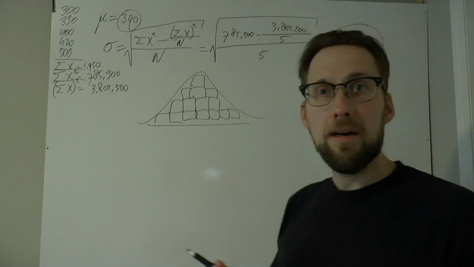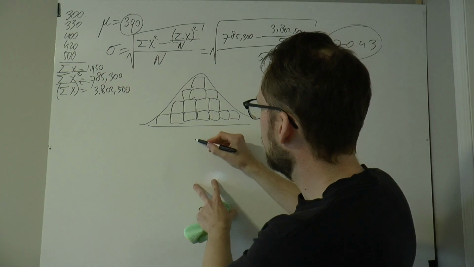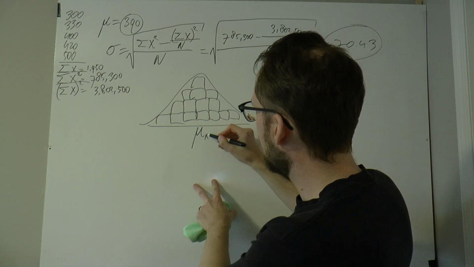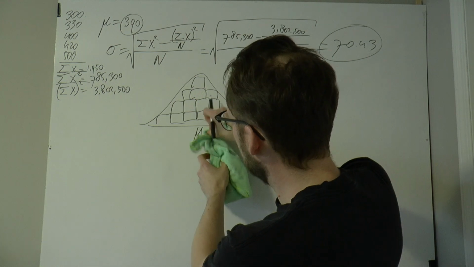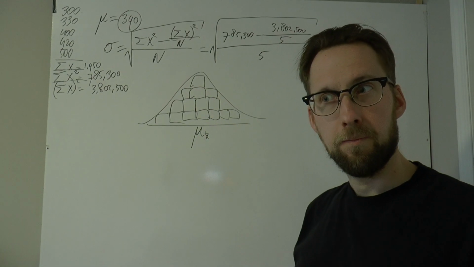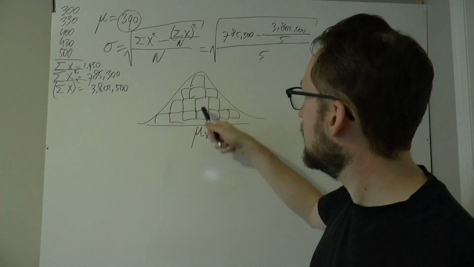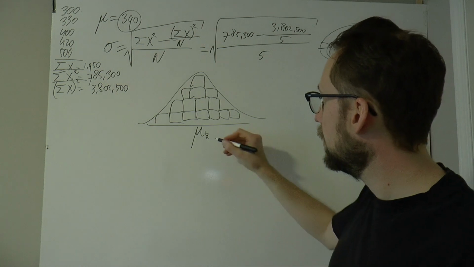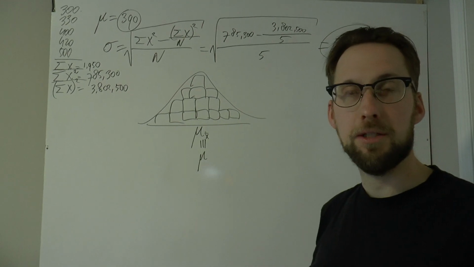Now, the idea is that the mean of this sampling distribution, which gets the symbol mu sub x bar, the mean of means, right? So the mean of this sampling distribution will be the same as the mean of the population.